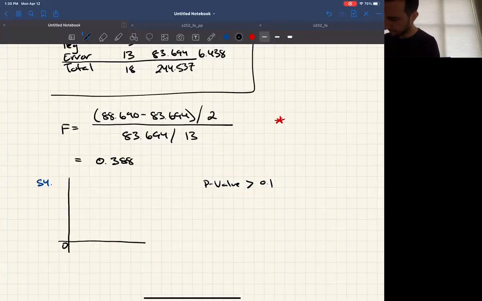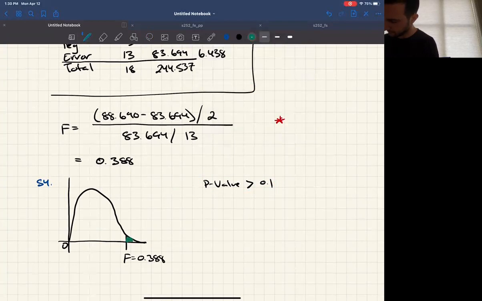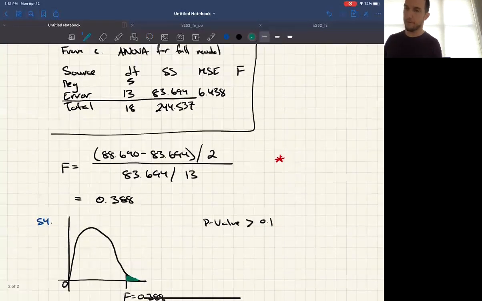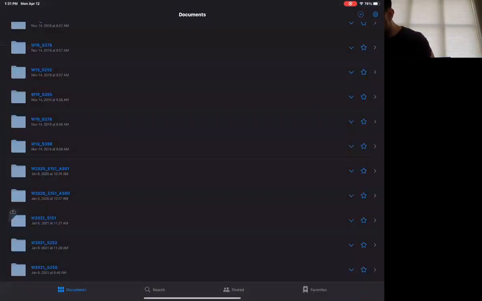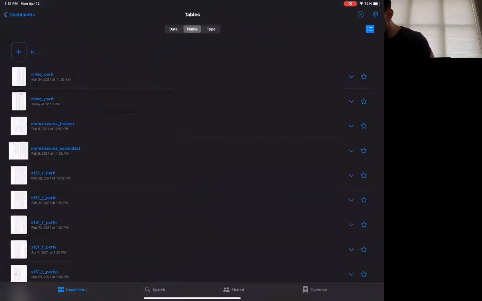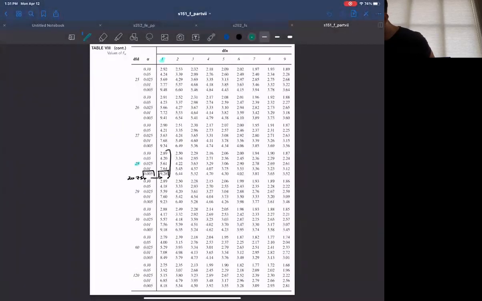So we have F equals 0.388, and we have 2 and 13 degrees of freedom for this F-test. We're just using the DF from the test statistic, so we look for the F table that has 2 and 13 associated with it.